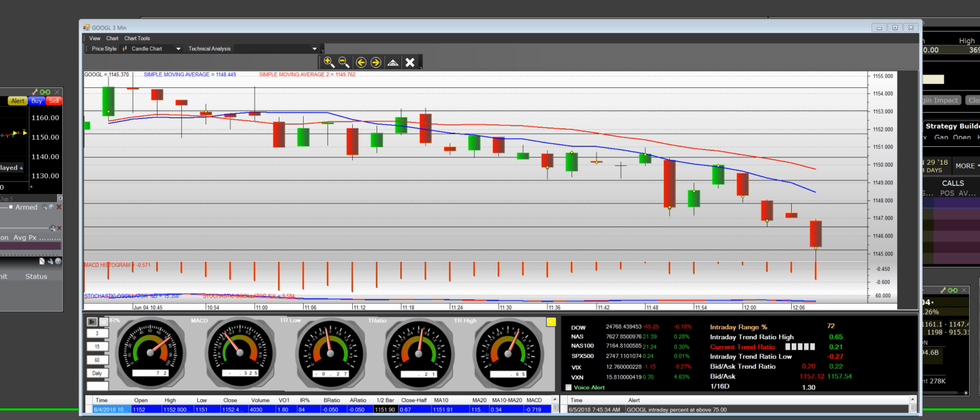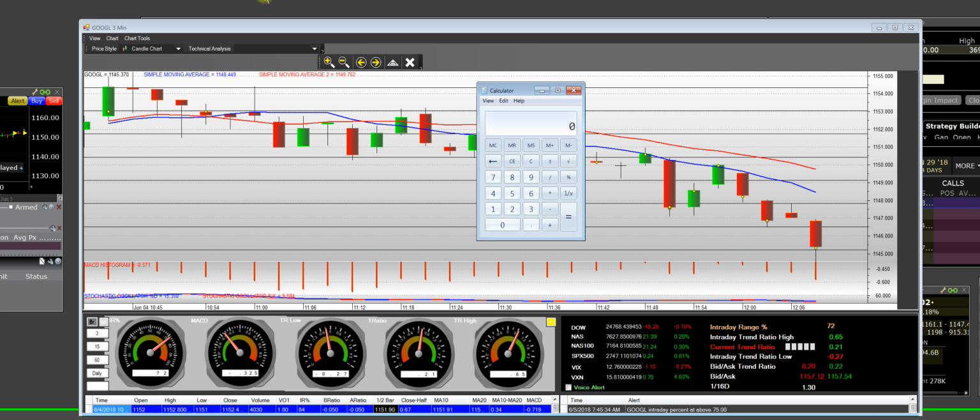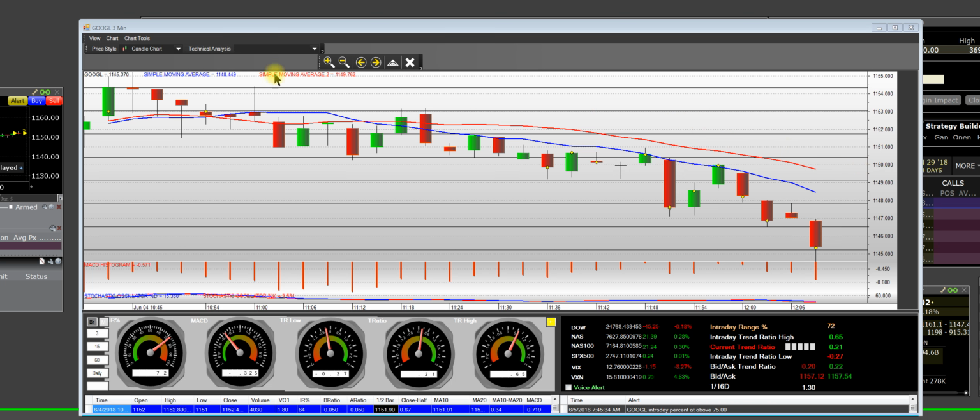Let's go right now with the calculator, and let's say it was six teenies, 6 times $1.30 equaled $7.80. And that's exactly where the breakdown happened. You can see this teeny range is where they broke down, and then they continued to break down.